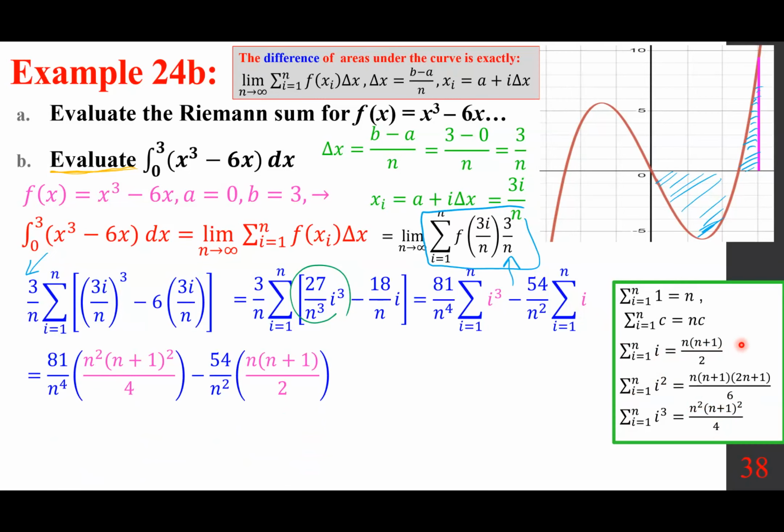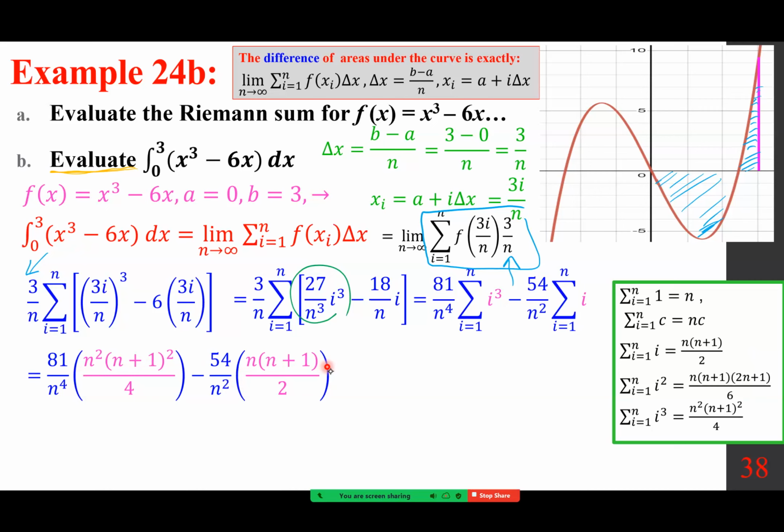This integral is the limit of this expression as n goes to infinity.